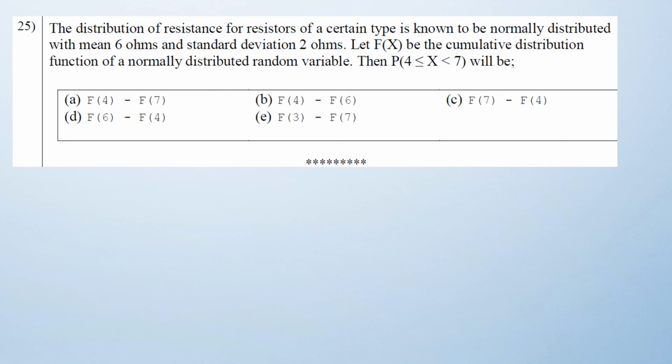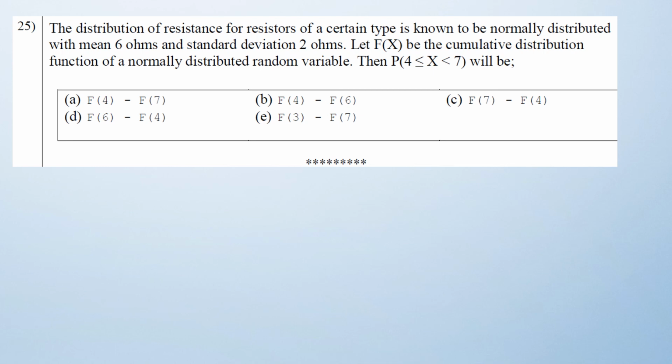Question number 25. The distribution of resistance for resistors of a certain type is known to be normally distributed with mean 6 and the standard deviation is given. Using the cumulative distribution function of the normally distributed random variable, let's see how we can find the relevant probability.